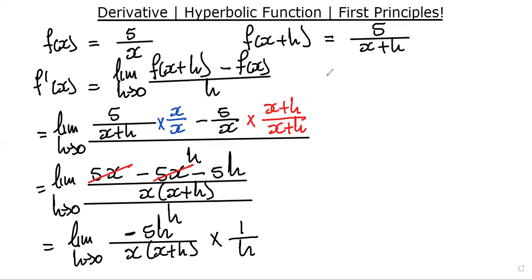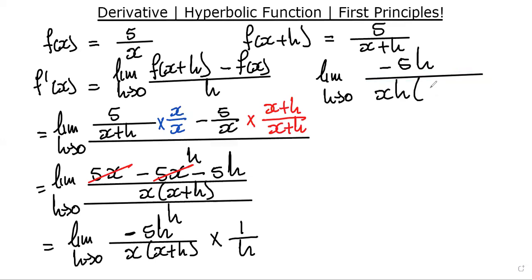And of course, we still have the limit as h approaches 0, but it's the limit of negative 5h. And this is divided by x times h, it's xh. And we still have x plus h inside.